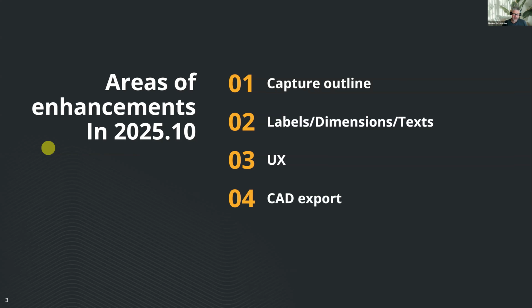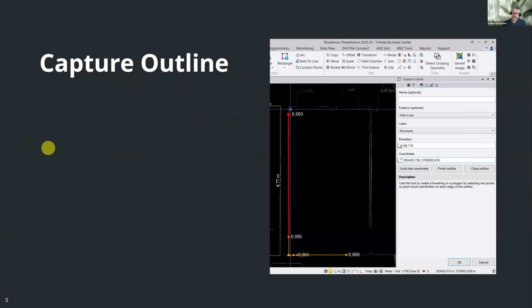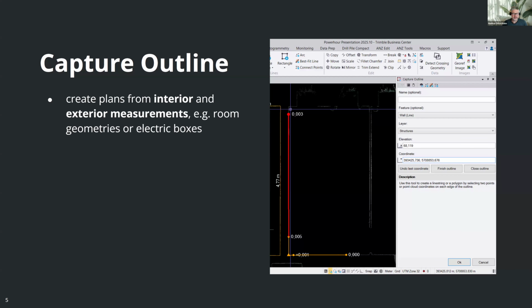Yeah, let's go on. Right in the middle of it, capture outline. Capture outline is a tool to create plans for interior and exterior measurements. For example, room geometry or electric boxes or bridge piers or whatever you find, what you can measure by points, which has edges.